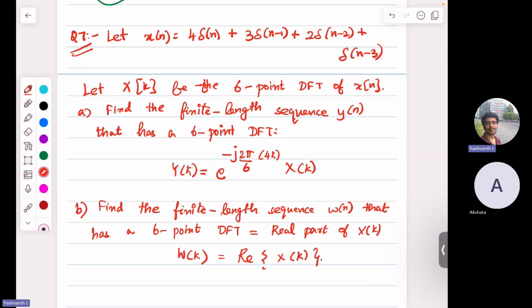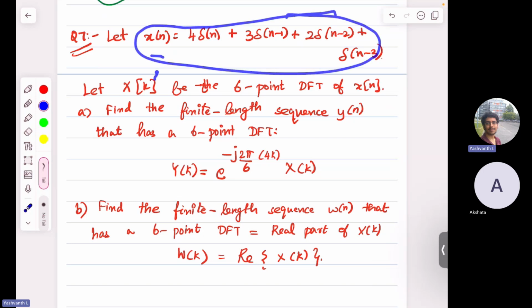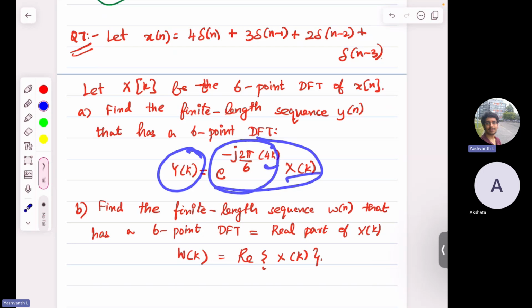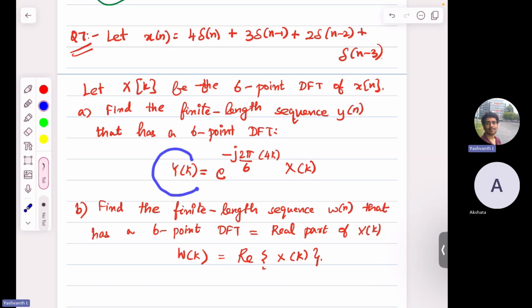Do you understand? I have given you a signal x of n and its corresponding 6-point DFT, x of k. Now let me construct another Fourier transform y of k equal to e power j 2 pi by 6 4k into x of k, and I'm asking what is the corresponding time domain signal for y of k.